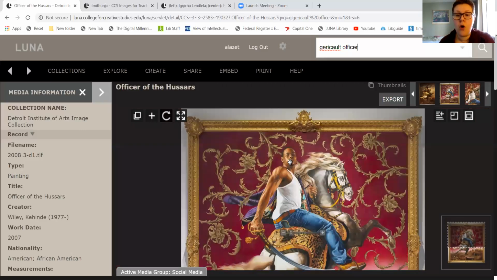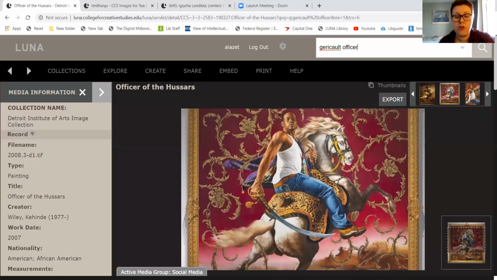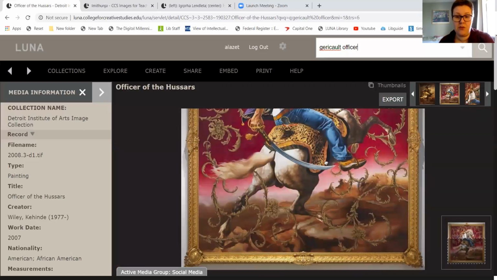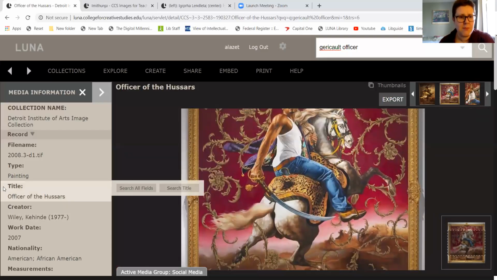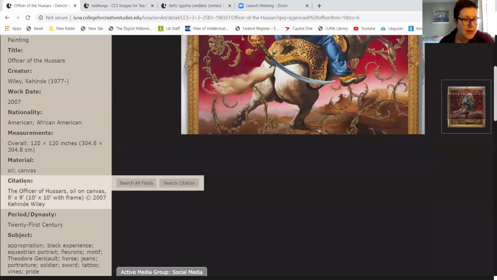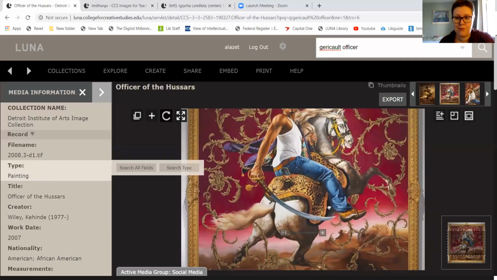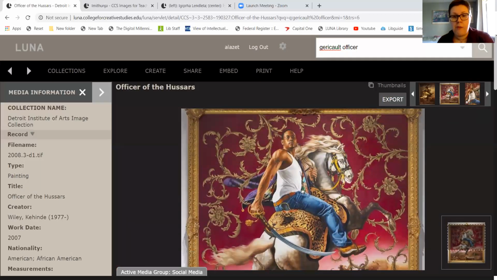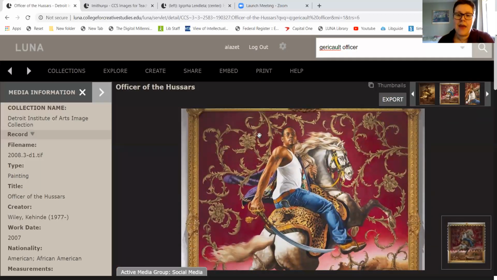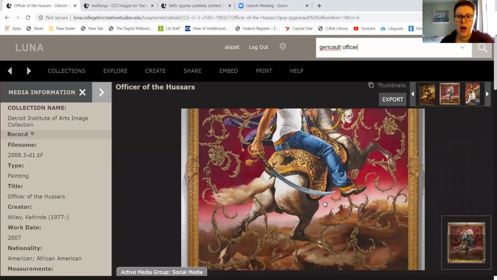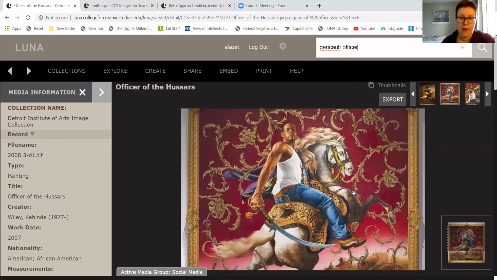Okay, so there's no diminishing of this person. These are pretty much life size, I believe. Yeah, so it's 9 foot by 9 foot, so about life size. And then Kehinde Wiley combines this image from art history with this very decorative, flattened background, almost like a wallpaper.